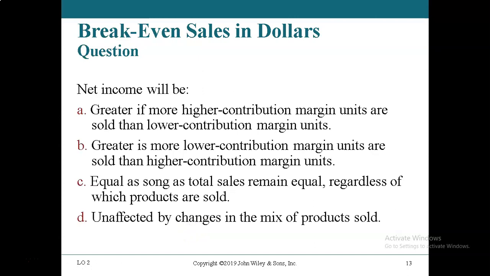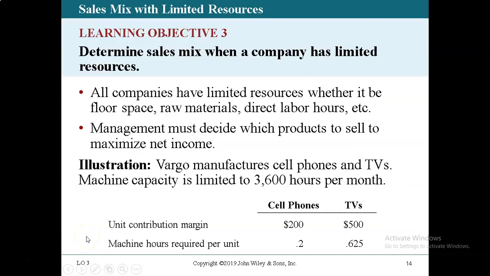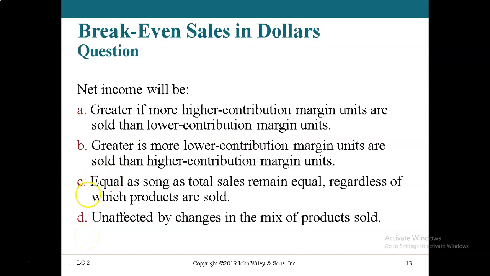Okay. So here's a question. Net income would be which one of these answer choices? The answer is A. Greater if more higher contribution margin units are sold than lower contribution margin unit products.